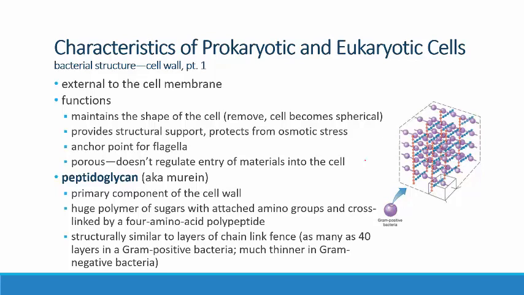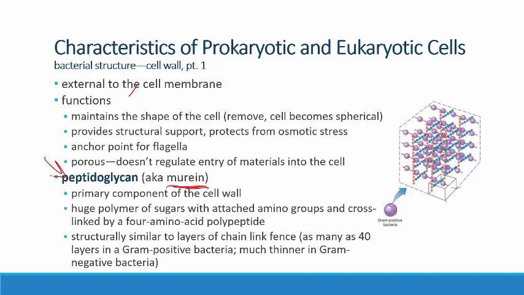The cell wall is built of a molecule called peptidoglycan, and that's the primary component of the cell wall. It's sometimes referred to as murein as well. But in this class, we'll only refer to it as peptidoglycan. This is going to be our primary way of talking about this molecule. And it is a very, very large molecule.